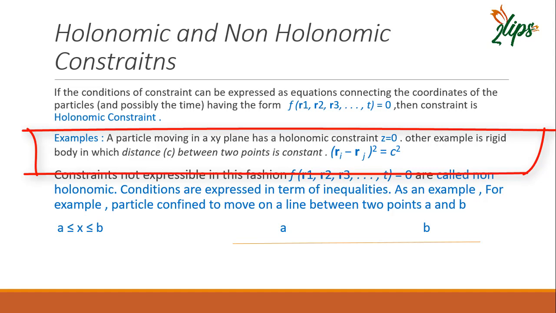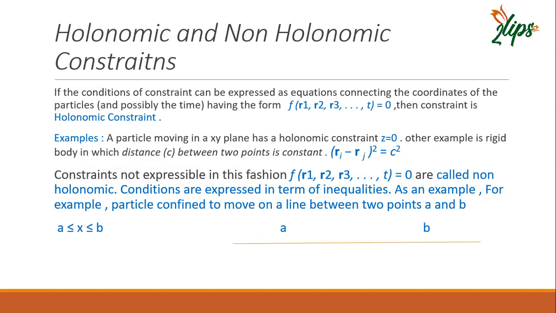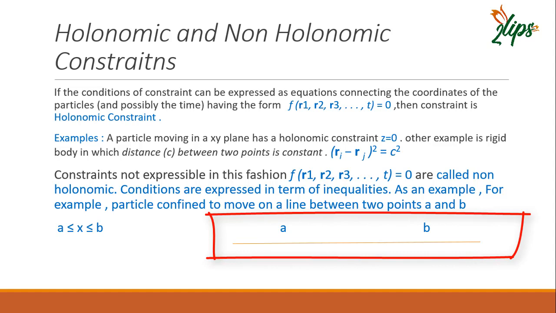Those constraints which cannot be expressed in terms of equations are called non-holonomic constraints. Consider a very simple example. If a particle is confined to move in one dimension, it has two holonomic constraints: z = 0 and y = 0. It can move on the x-axis only. But now if I confine it in the region between a and b on this line, it can move and has 1 degree of freedom, but it cannot go beyond this region.